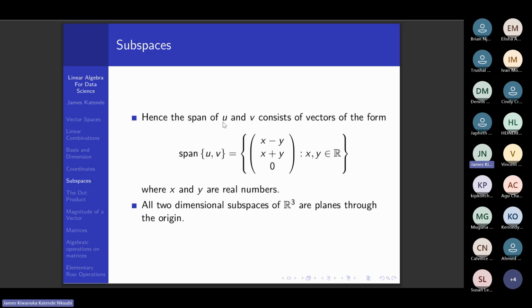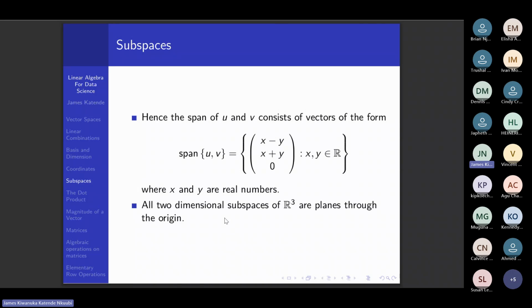So the span of U and V will simply be the vectors that are of this form where X and Y are in R. That completes the example.